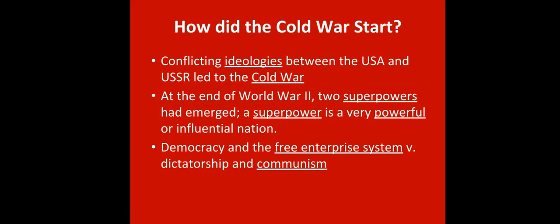Who came up with the free enterprise or market economy system? Hopefully you answered Adam Smith, and his book was The Wealth of Nations. And then who came up with communism? That's Karl Marx, and he wrote, who was that other guy that everybody always forgets?